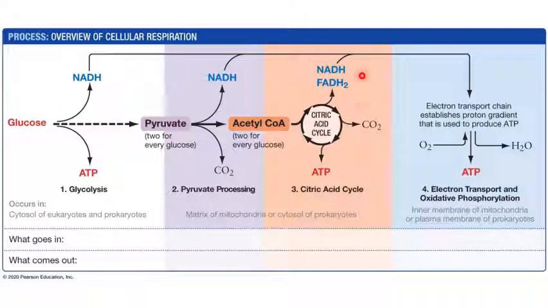And in the Krebs cycle, you also add electrons to FAD to give you FADH2. Then all of these electron carriers are feeding into oxidative phosphorylation and the electron transport chain. And that is where you're getting most of your ATP. We will go through each of these processes individually.